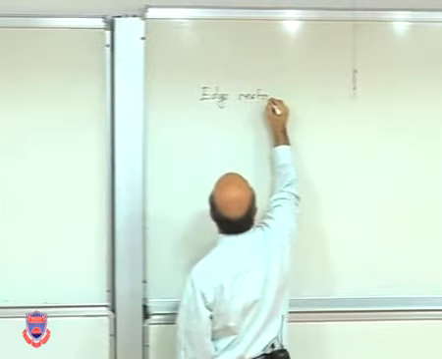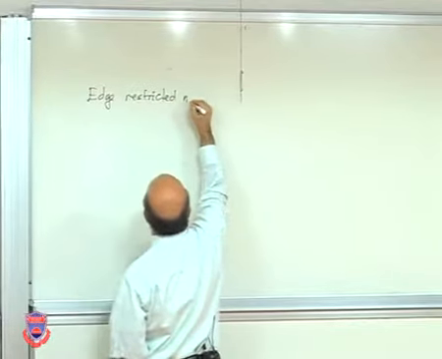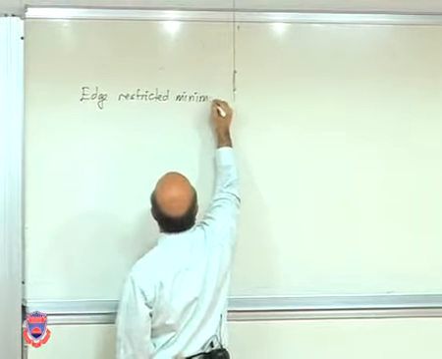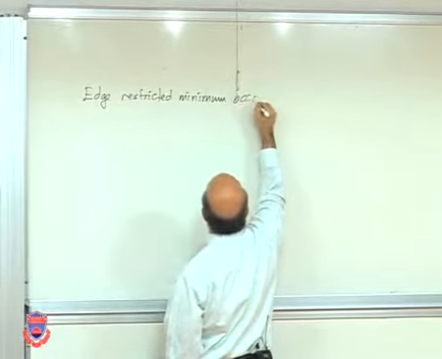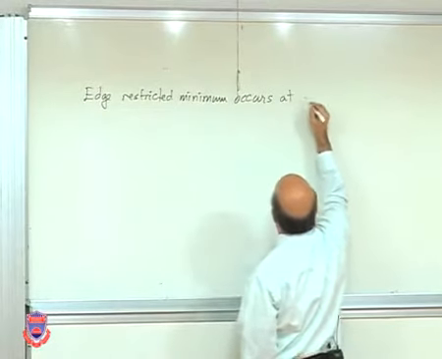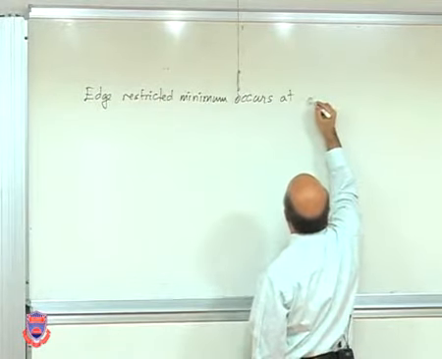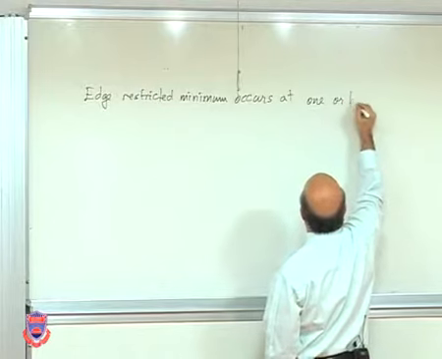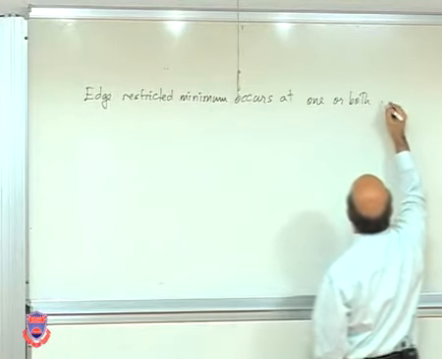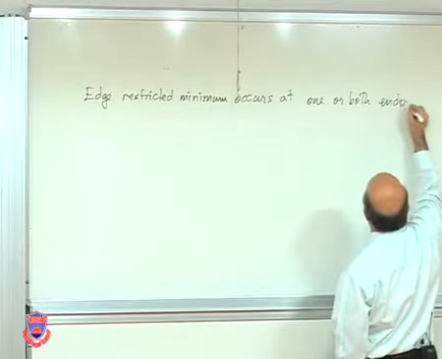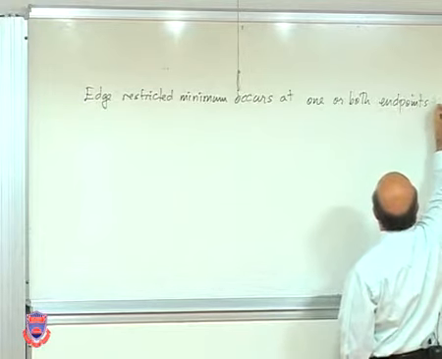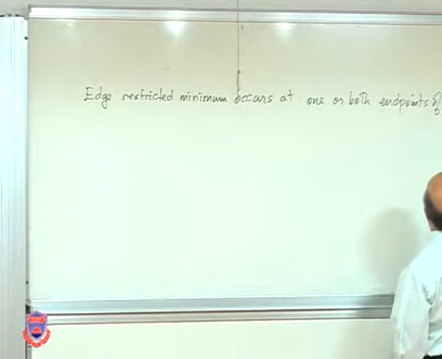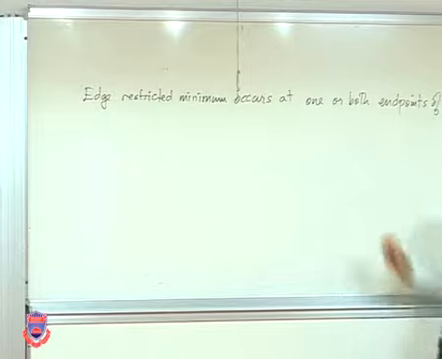So the edge-restricted minimum occurs at one or both endpoints of the edge under consideration.